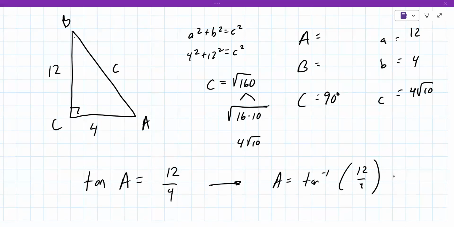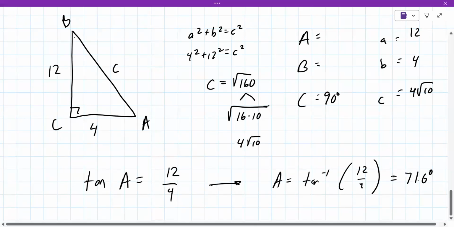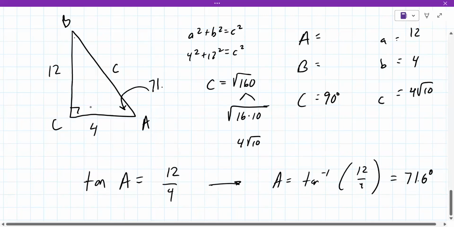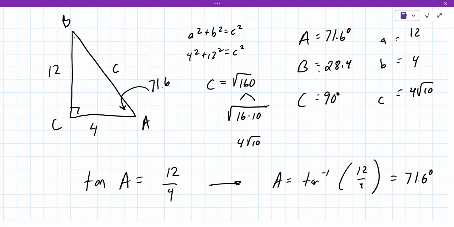Yes. To find the other angle, you don't have to go to that much trouble. You just need to remember that all the angles add up to 180, or the non-right angle sum is 90. So A plus B adds up to 90, giving you 28.4 degrees.